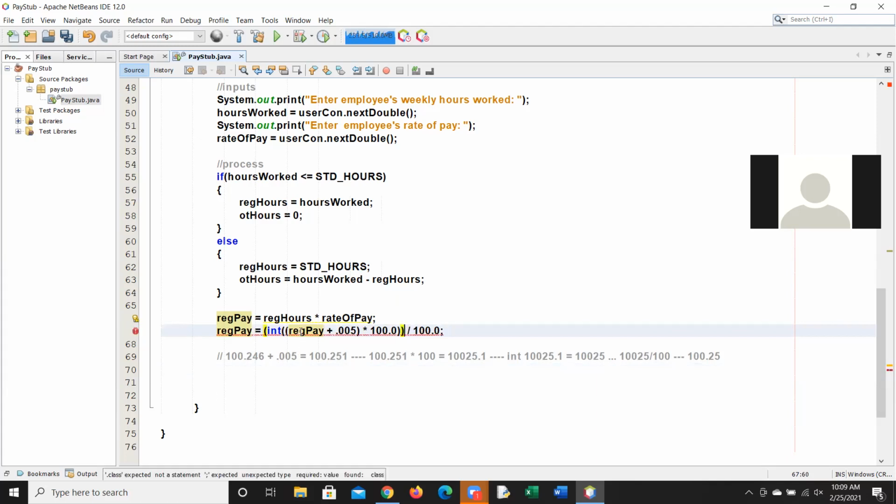No, I still got it. Why is that? Not a statement expected. Let's try this. What if I put that there and get rid of 1 off of here? It seems to like that.